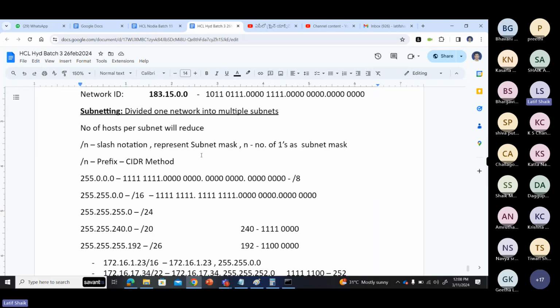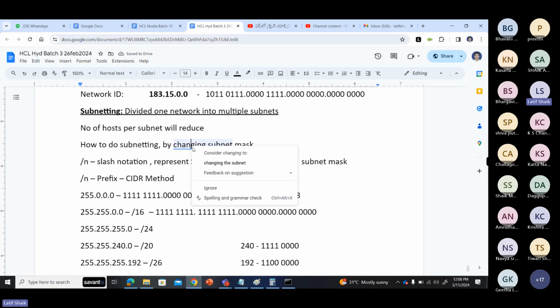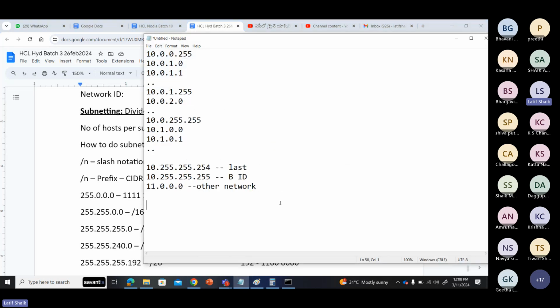So how to do subnetting? By changing the subnet mask. When you change the subnet mask, your network and your IP address calculations will change.